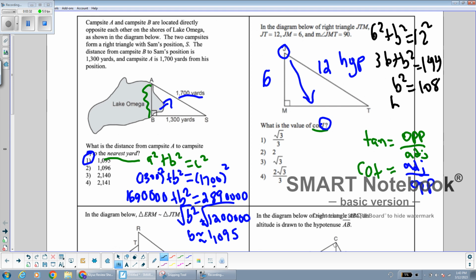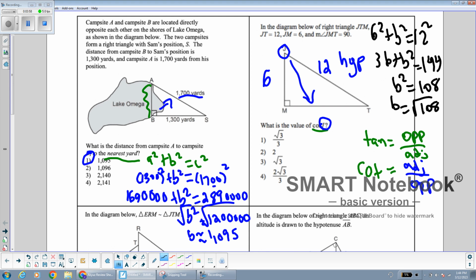So we have b is equal to radical 108. And I'm just going to simplify that radical on my calculator. So in my y equals, I'm going to type in 108 divided by x squared. I'm going to hit second graph and get my table of values. And I'm just looking for the last place where I see whole numbers in that table of values.